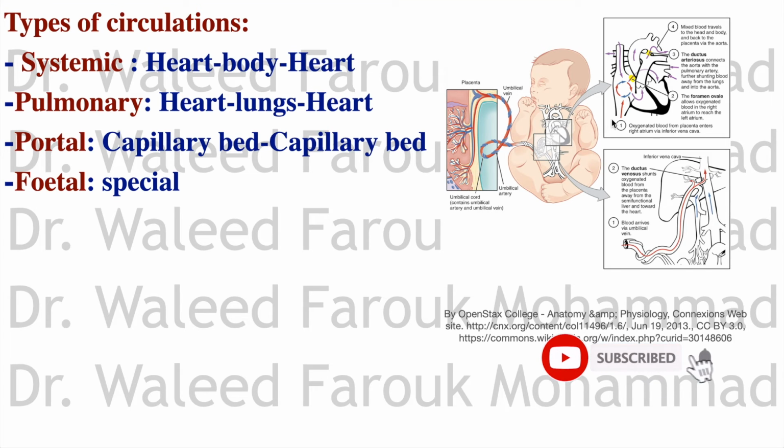That's why we need some changes in the route of blood, like, for example, the foramen in the atria and the ductus venosus in the liver, to shunt oxygenated blood from these non-working organs to the body. Okay, that's why it's a special type of circulation.